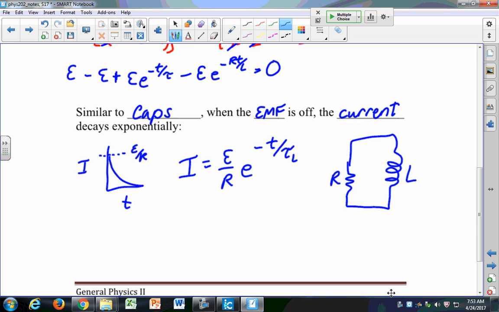I get this decay because all of a sudden you take out the battery and the source of the current goes away, but the inductor is going to oppose any change in magnetic flux. And when the current decreases, that changes the magnetic flux. So now the inductor is going to actually provide an EMF that's in the opposite direction of the declining current, which will actually cause the current to decline more slowly.